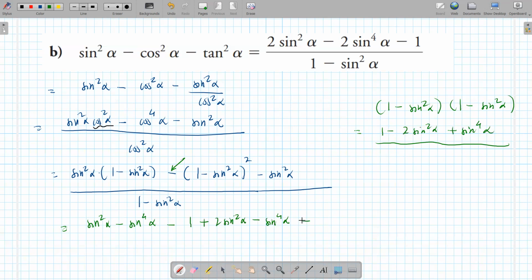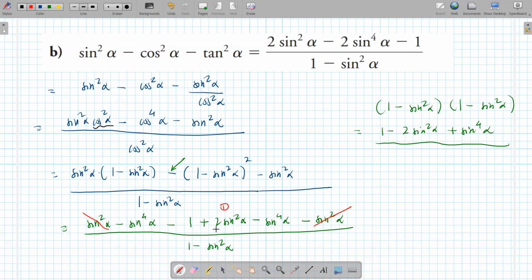And then finally you have minus sine squared alpha, this guy here at the end, all over 1 minus sine squared alpha. And I think we're almost there. So positive sine squared and negative sine squared cancel out. And now if you just rewrite this, we will get what we have on the other side.